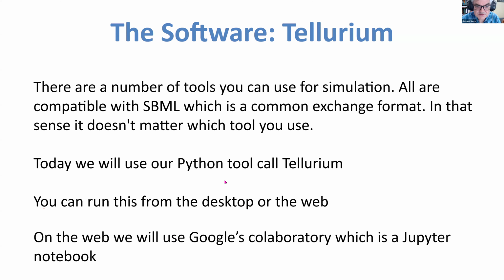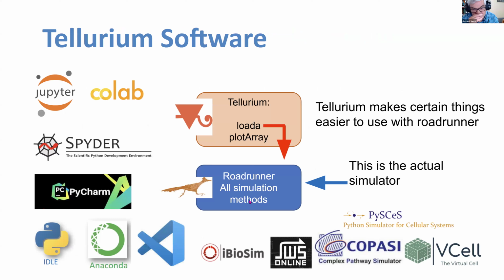And what we're going to use is Google's Colab or Colaboratory. All right, so this is a bit of a busy slide, but the middle piece here shows the Tellurium software. So Tellurium is really an umbrella, and I'll show you another diagram in a minute. It's an umbrella for a lot of stuff.